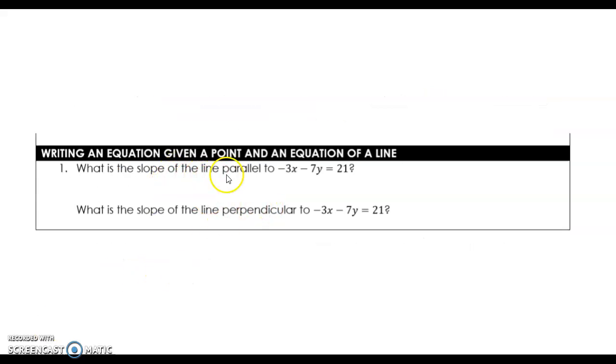So I want to know the slope of the line that's parallel to negative 3x minus 7y equals 21. So the first thing we need to do is figure out what the slope of this is. So I'm going to add 3x to both sides to give me negative 7y equals 3x plus 21, and then divide by negative 7 to give me y equals negative 3/7 x minus 3.